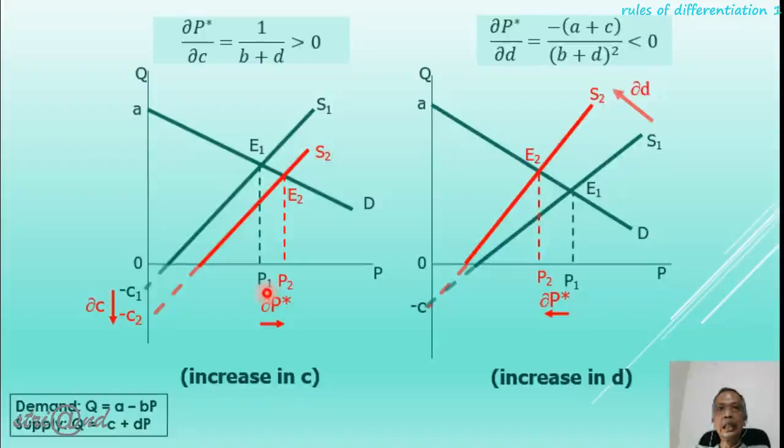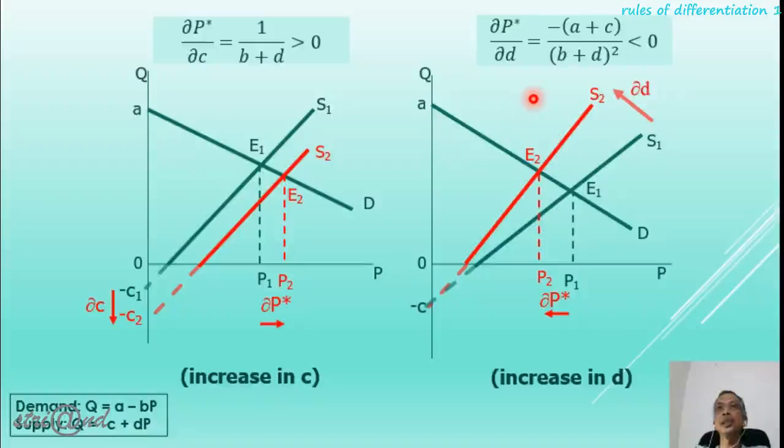So the equilibrium price moves from P1 to P2. It means that when the C increases, the equilibrium price will also increase. It is in line with the derivative here because the derivative is greater than 0. That means that when the C increases, the price in equilibrium will also increase.